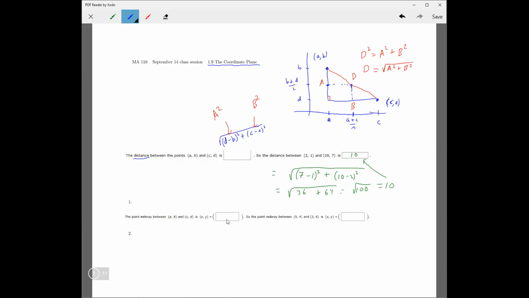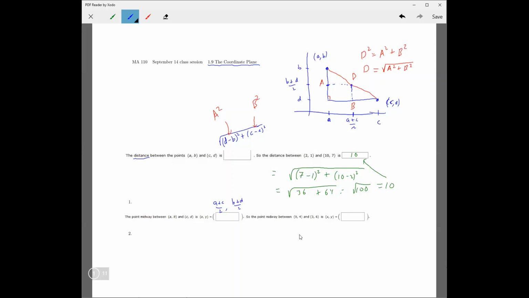Okay, so the coordinates are going to be (a plus c over 2, b plus d over 2). So you're basically taking the average of the x components, a and c, and the average of the y components, b and d.